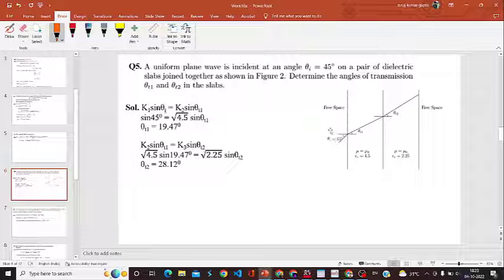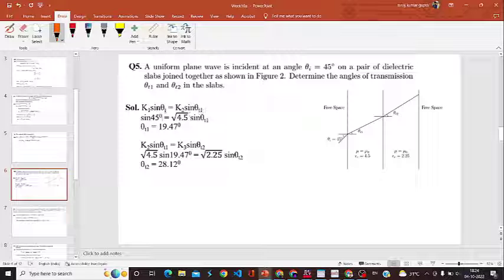That means the propagation constant in media 1 times the sine of the angle at which it is incident remains equal to k2, the propagation constant in media 2, times the sine of the angle that it is making with the normal, that is theta t1.